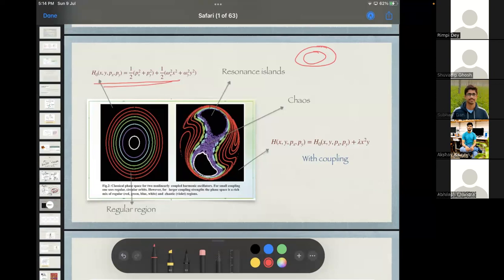Now there are 2 frequencies here, for each oscillator, let's say omega 1 and omega 2. So if the ratio of omega 1 and omega 2 is rational, let's say 1, 2, 3, 4, 5, 6, like this, then we call this a periodic orbit, right?